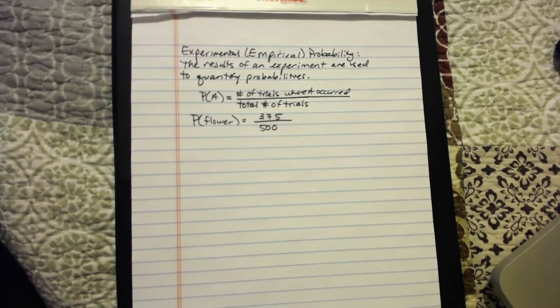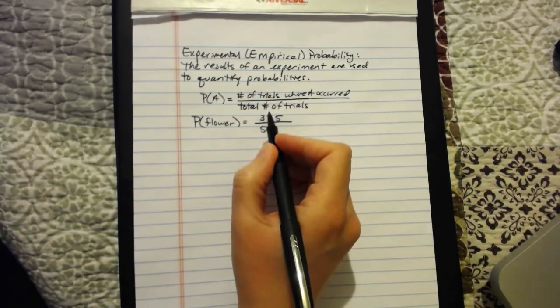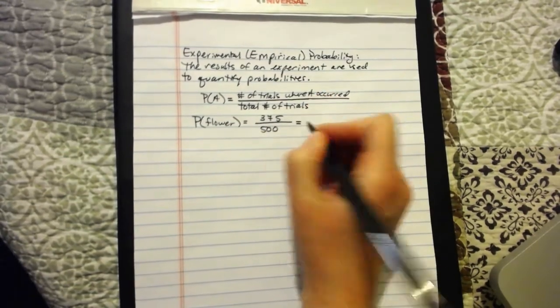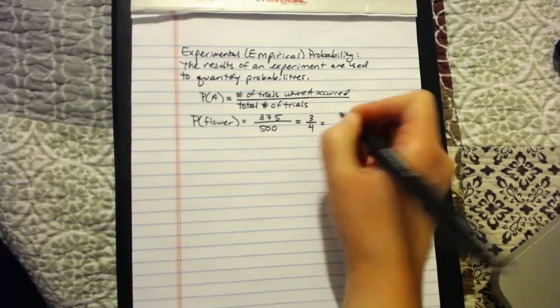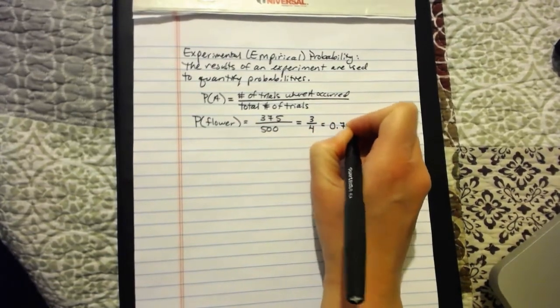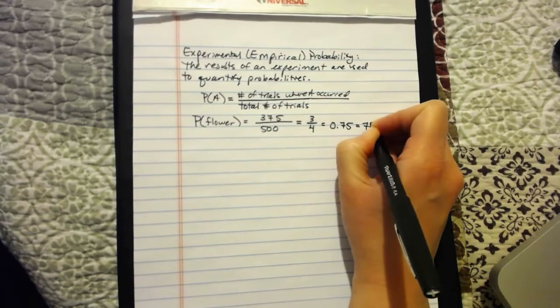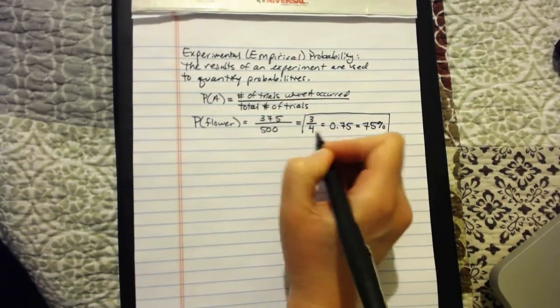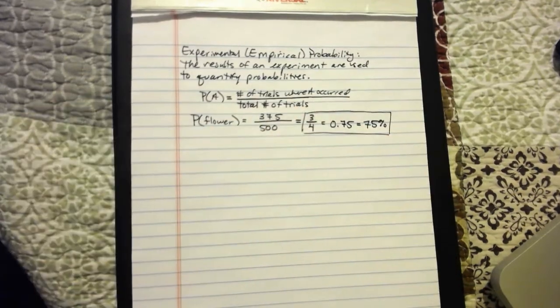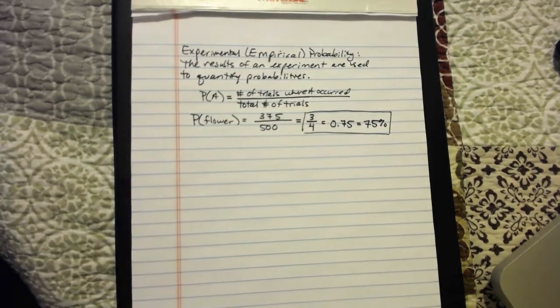And again, you can either leave that as a fraction. If you did that, you would want to put it into lowest terms, which here would be 3/4. You can put it as a decimal, which is 0.75, or you can use percent representation, 75%. And all three of those are saying the exact same thing. Okay, but that's the idea with experimental probability.